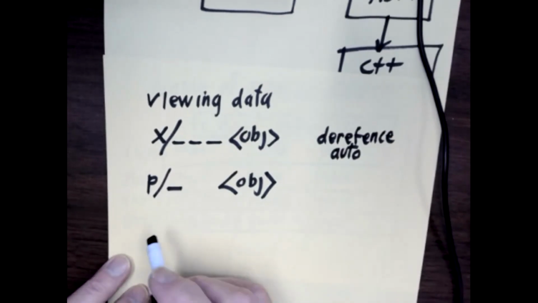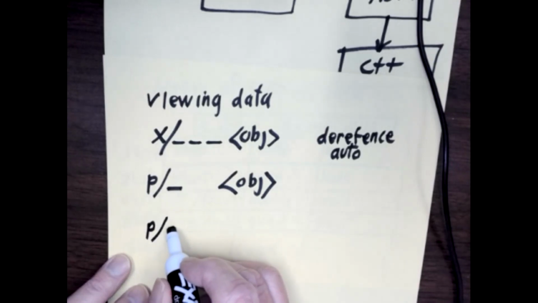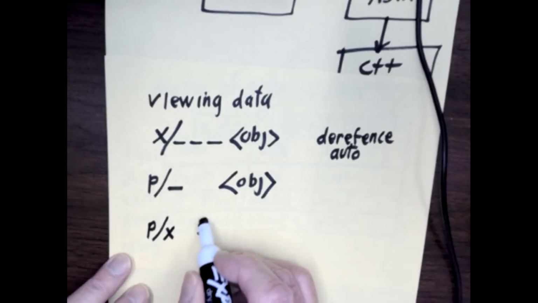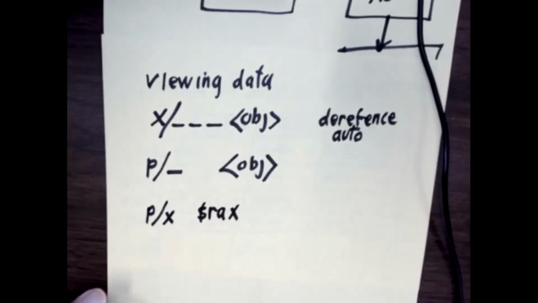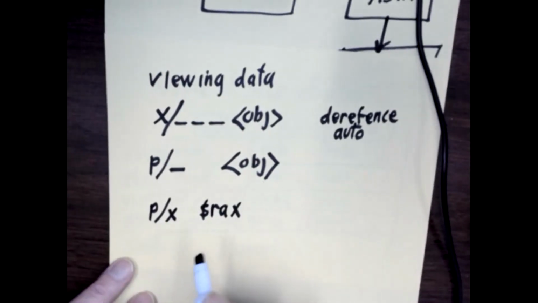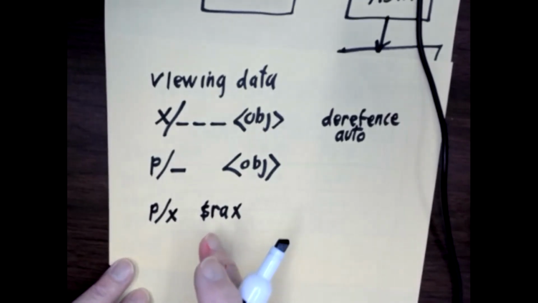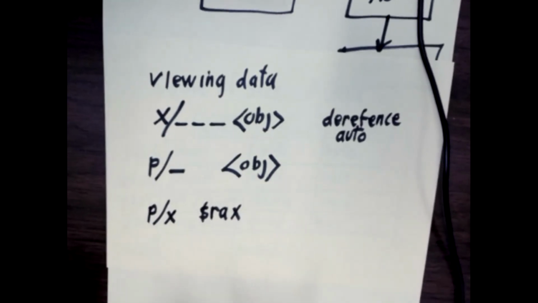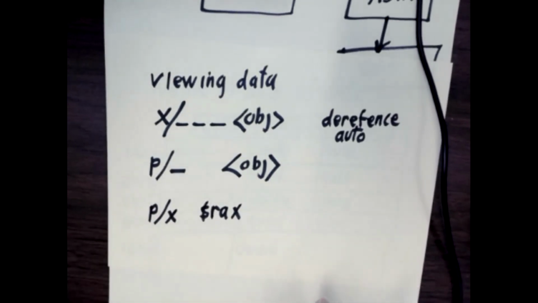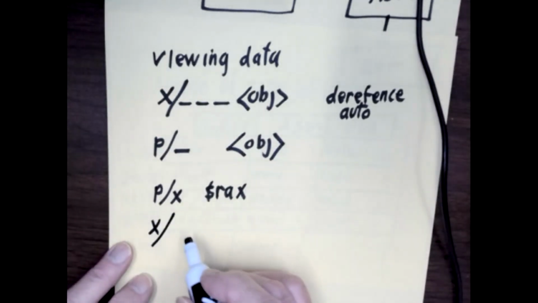If you want to see what's in RAX, it's P/X $sign RAX. But if you use the X command, you don't see what's in RAX. It takes what's in RAX and treats it as an address and goes to that address and then shows you what's in memory at that location. So it would look like PX/.